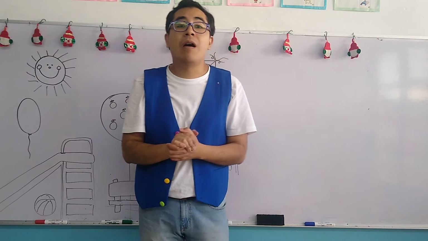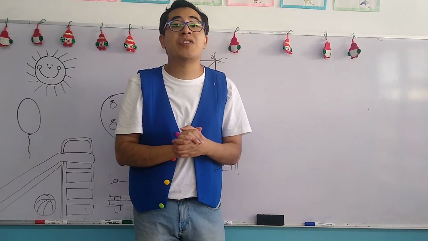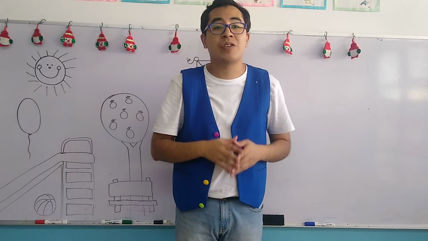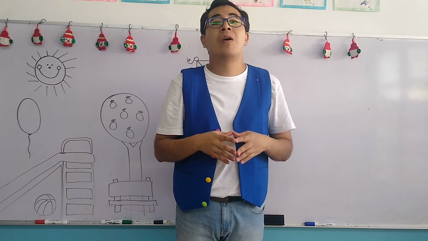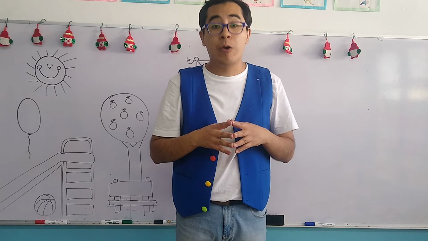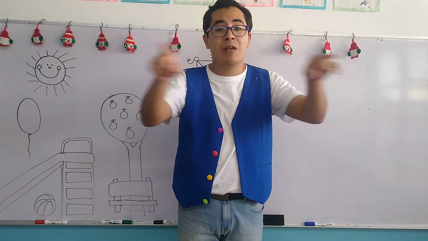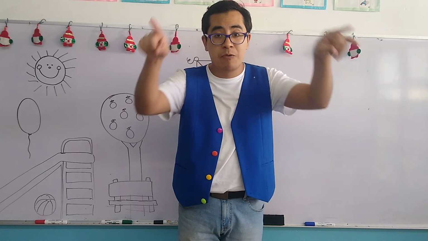So, the activity of today, my children, is a review of all the geometric shapes that we saw in this course, okay? Remember, we started with the rectangle, which looks like Lego bricks.